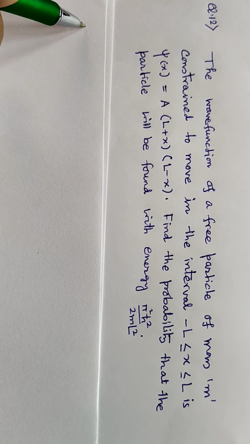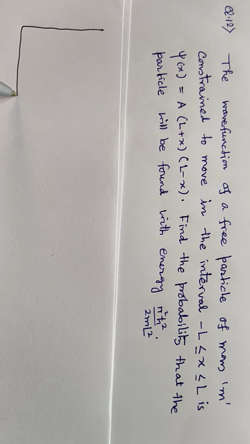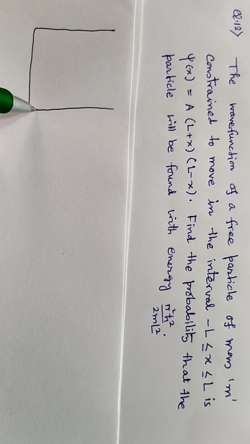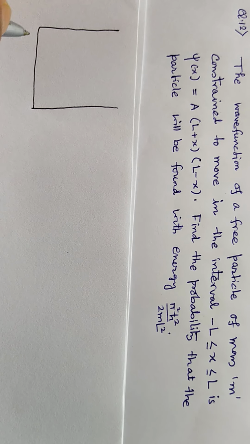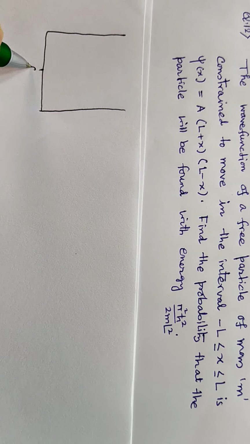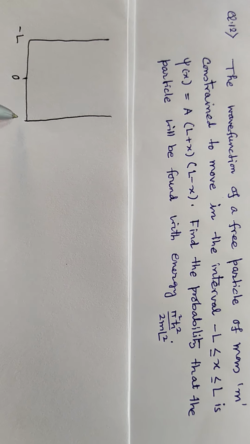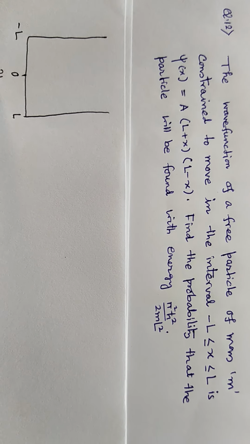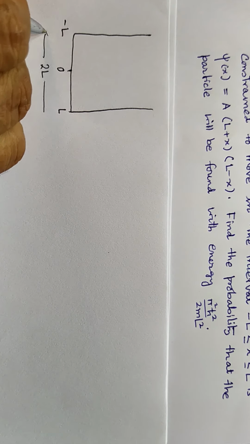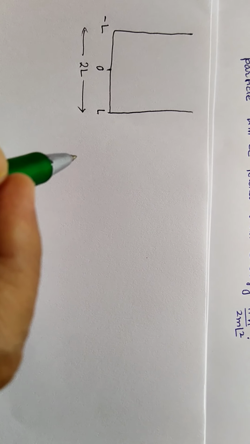Now let us draw the potential, square well potential. If this center is 0, this is minus L, this is L, therefore the width of the well, infinite square well, is 2L.